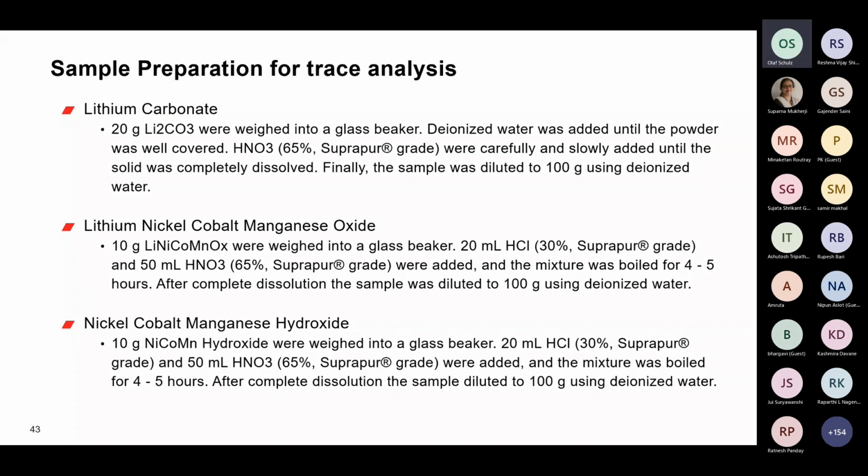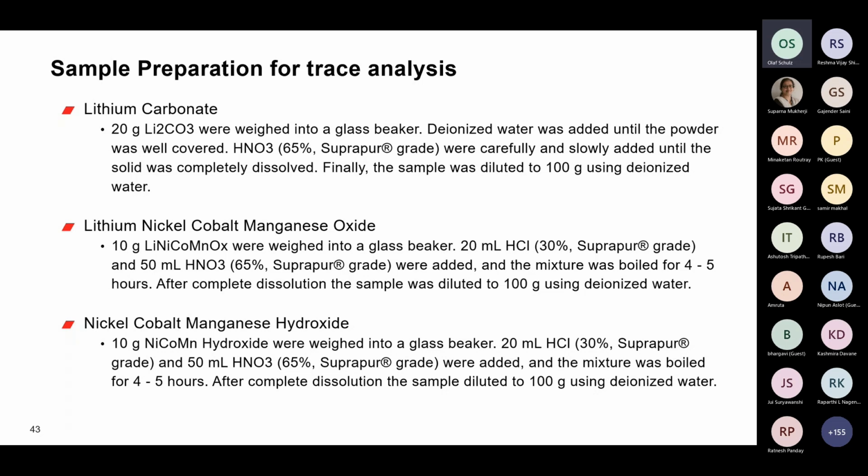Three materials, nickel cobalt manganese hydroxide, lithium carbonate, and lithium nickel manganese cobalt oxide, were analyzed for contamination using the standard addition technique. For the hydroxide and the NMC, 10 grams of sample were dissolved with 20 milliliters of hydrochloric and 50 milliliters of nitric acid on a hot plate. The stock solution obtained from this digestion was used to prepare a standard addition calibration with a dilution factor of 40.